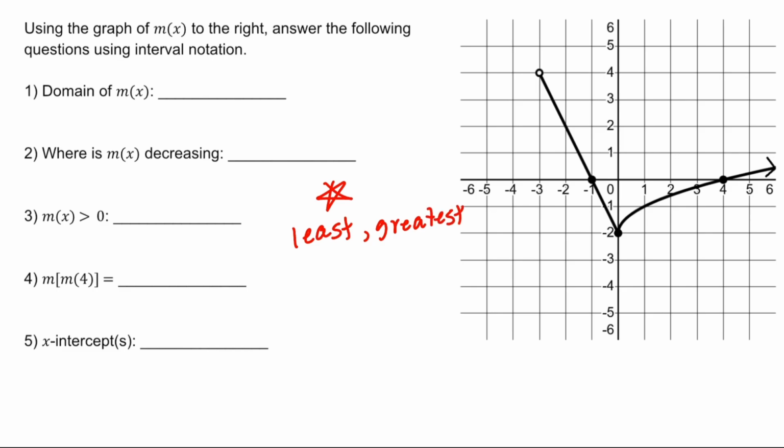For example, if let's say we had -1 is less than or equal to x, which is less than 4, we would say that this is negative, bracket, because we're equal to, -1, comma 4, exclusive. We wouldn't say 4, comma -1. We always want to go from least to greatest.